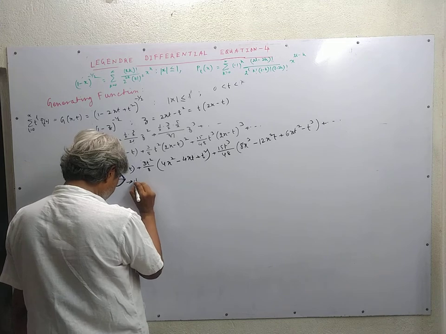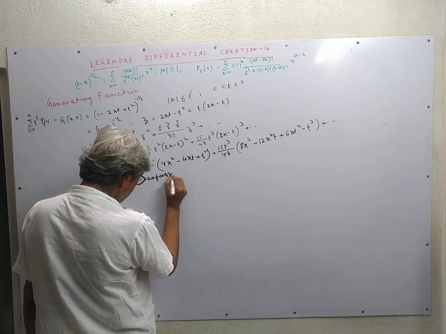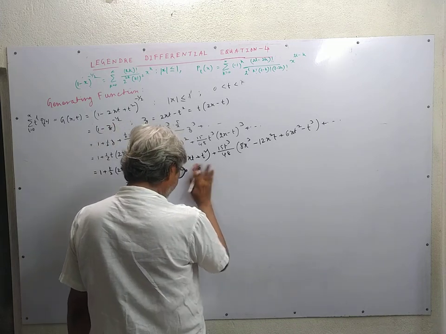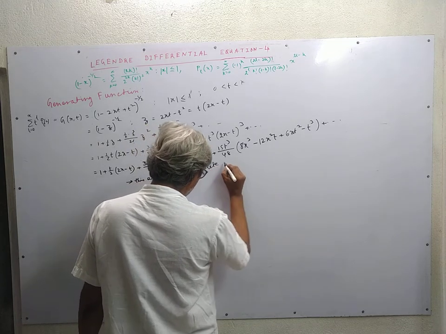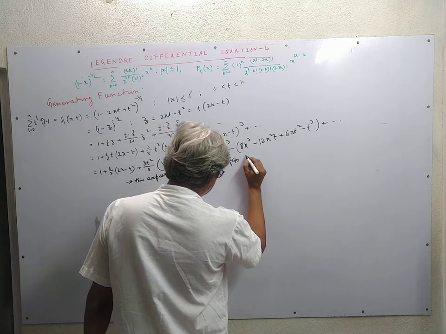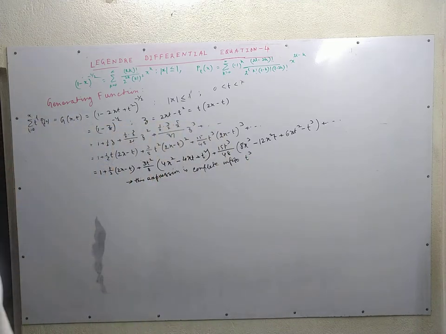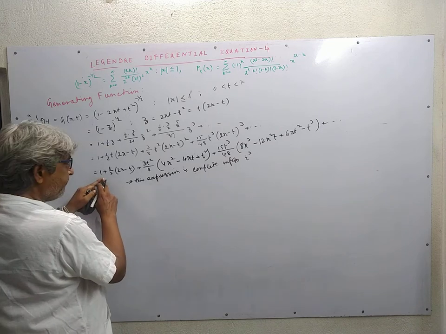This expression is correct, or complete we shall say, up to t to the power cube. So we can expand and collect the coefficient up to t to the power cube from here.